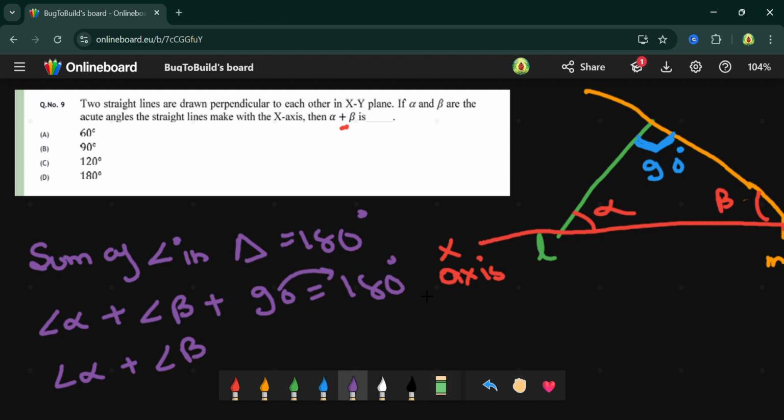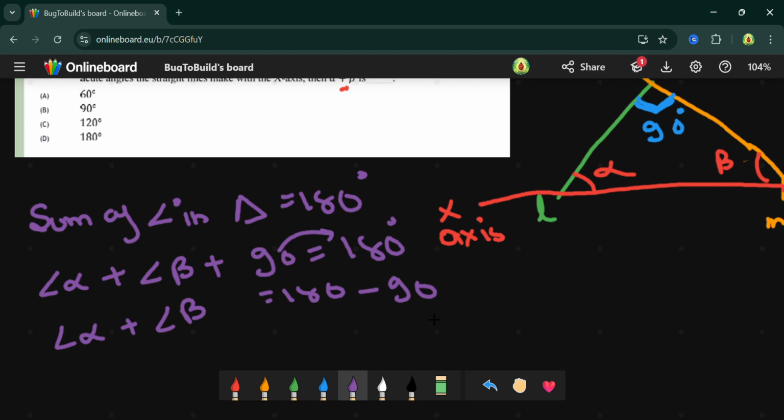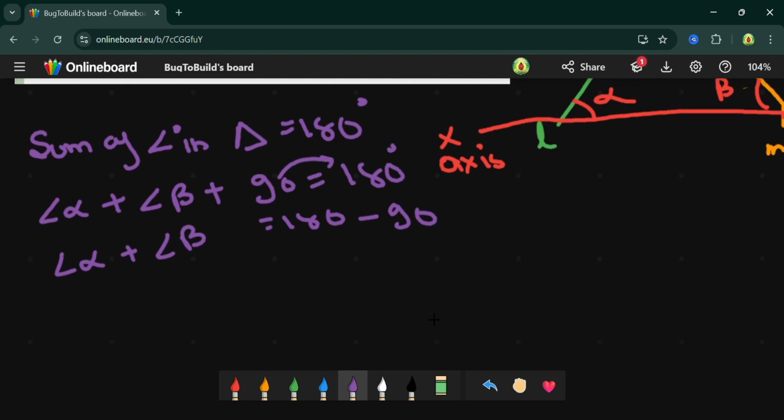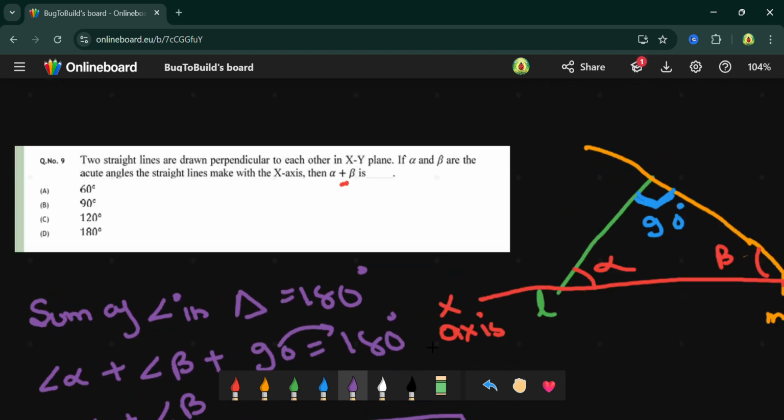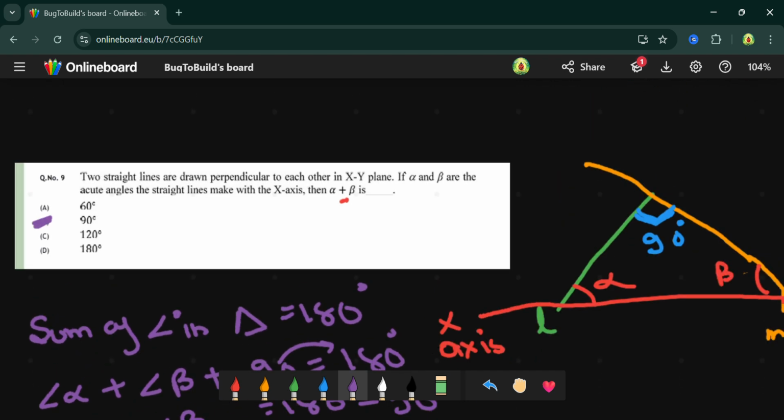When 90 moves here it will become 180 minus 90, and angle alpha plus angle beta comes out to be 90 degrees. So the answer is 90 degrees. Option B is correct here.